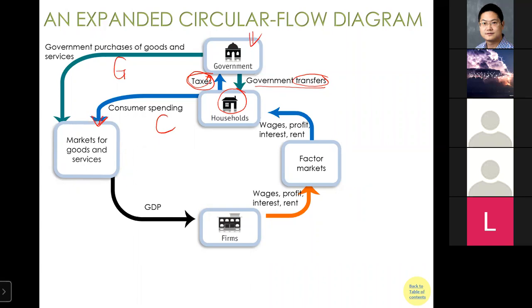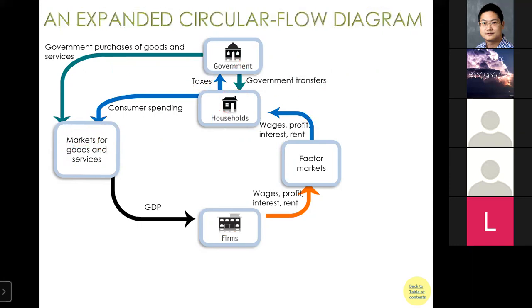That means when we look at spending, you should include both consumer spending and government spending all together, right? Because the goods and services we produced in business and put on sale in the market will be purchased by households and the government, right? Okay.